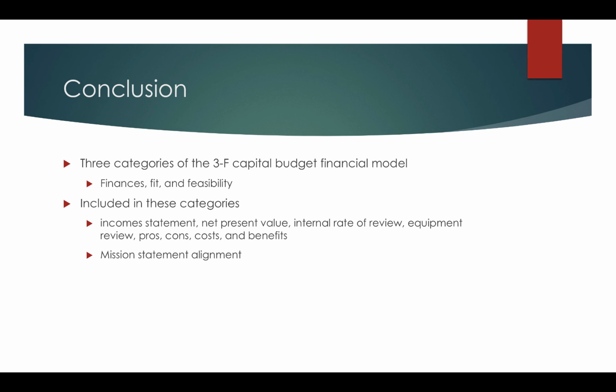Found within these categories, there were discussions regarding the income statement, net present value, internal rate of return, features of the 3 pieces of equipment reviewed with pros, cons, costs, and benefits. There was further discussion around the alignment of this purchase with the mission of this hospital. Throughout the course of this presentation, the objectives were successfully demonstrated. Specifically, the financial benefit of this capital purchase was shown.